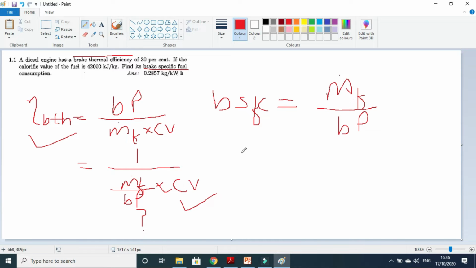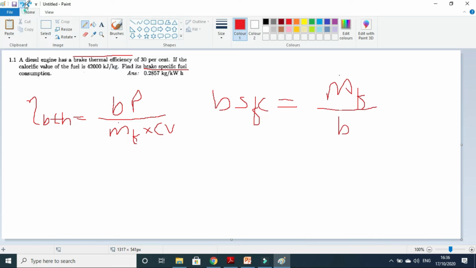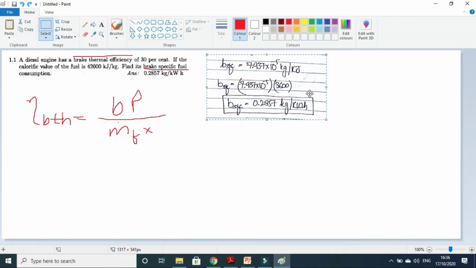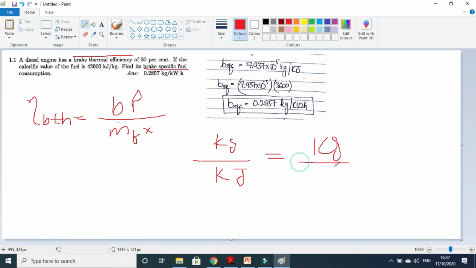Now we should learn this conversion. How can we convert kilogram per kilojoule into kilogram per kilowatt hour? It's a very simple process. You can multiply kilojoule with second and divide by second.